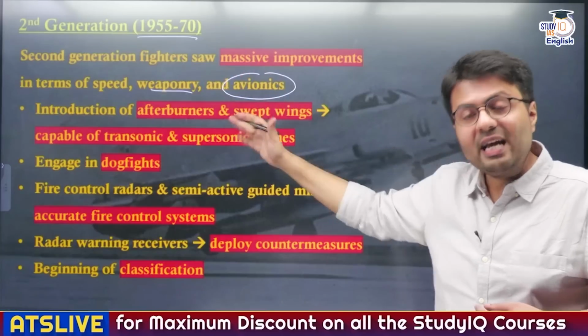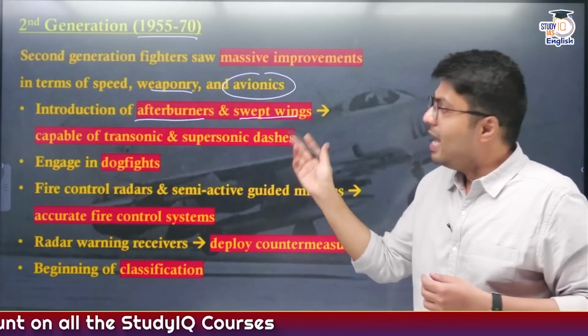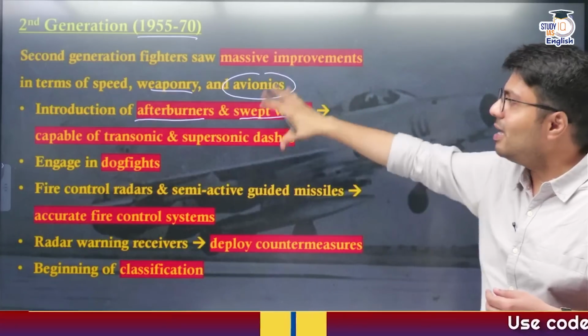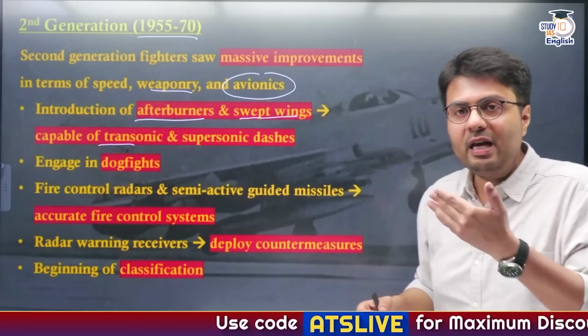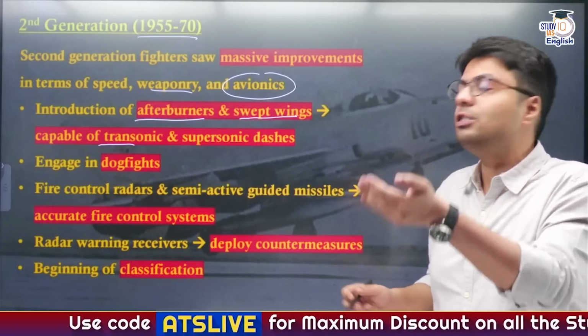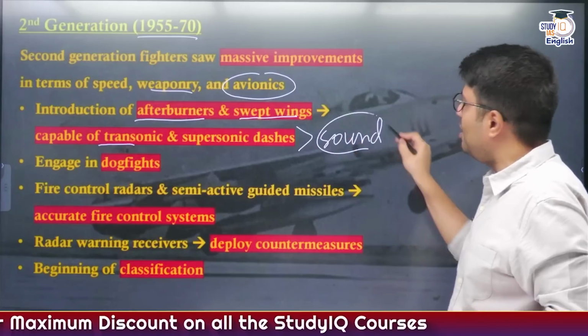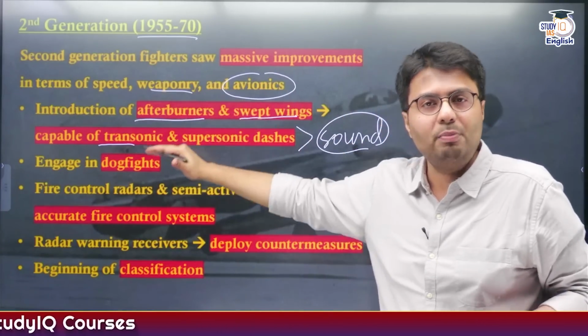With second generation, we saw the introduction of afterburners and swept wings, and these technological leaps allowed these aircraft to travel at a speed somewhat higher than the speed of sound. That is why these were the first generation of aircraft that were able to fly at a speed even higher than the speed of sound.